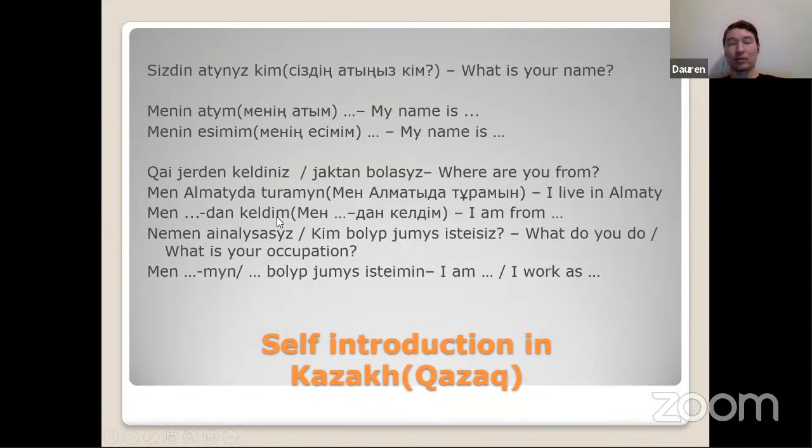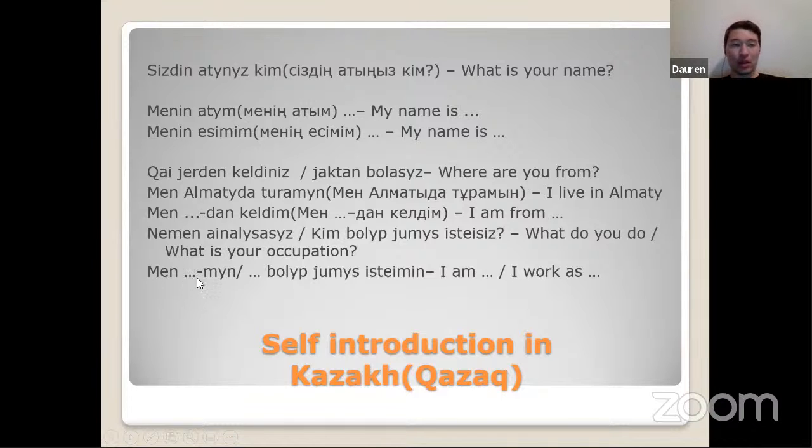Келдім means I came. If you want to ask what do you do, what is your occupation, you can say немен айналысасыз, or кім болып жұмыс істейсіз. So немен айналысасыз is what do you do, and кім болып жұмыс істейсіз is what is your occupation.